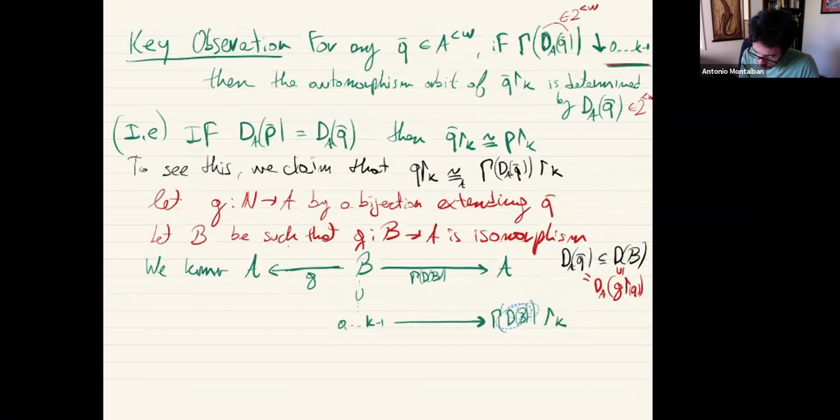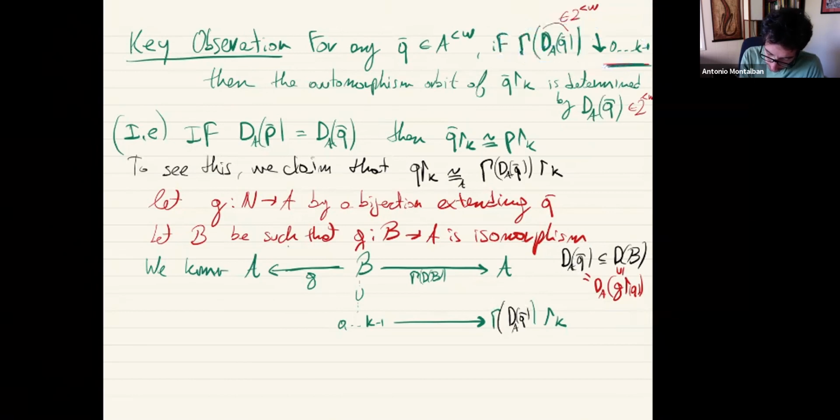So we don't need to put the full string here. We can put the diagram of Q. That amount of oracle is enough to get convergence. And that's an initial segment of B, because we are assuming this converges.